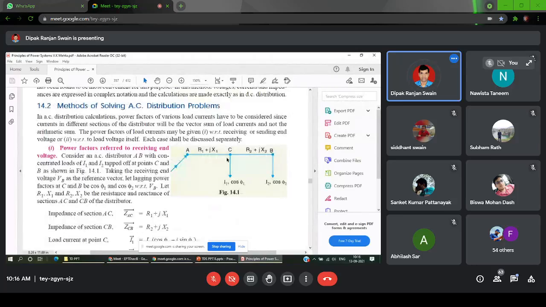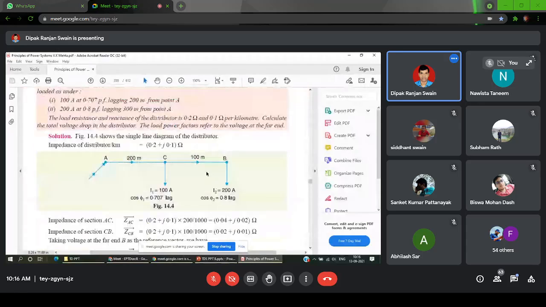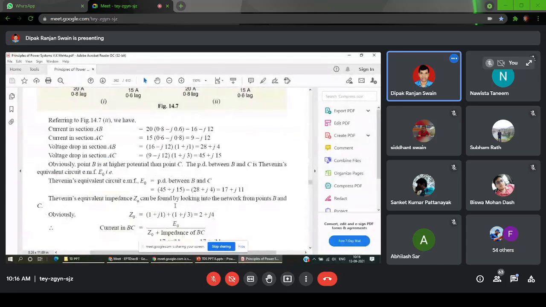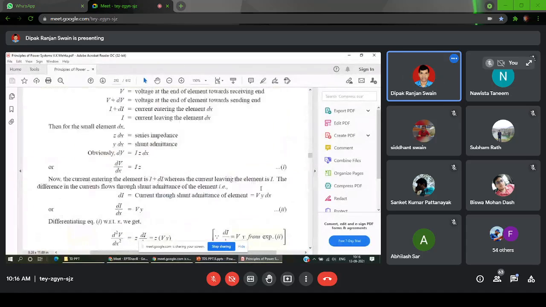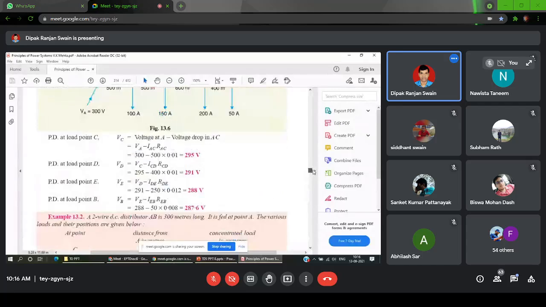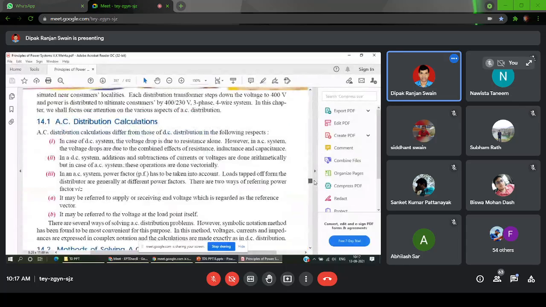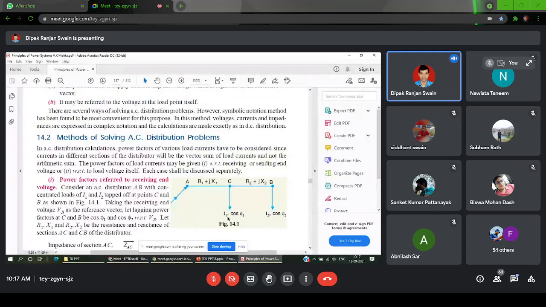Another method is that each load is represented with respect to its own terminal voltage. That means the current I1 will be referred or represented with respect to VC.